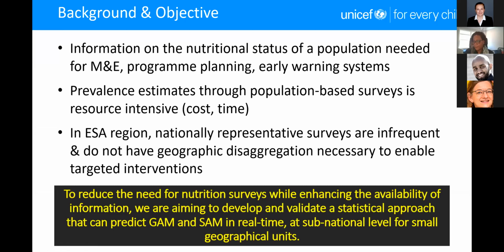But the surveys are resource intensive in terms of person time, including time spent away from program implementation, and in terms of money. As well as this, at national level, data is often outdated or lacking. And of course, at national level, it doesn't have the same level of geographical disaggregation that would be needed really to be able to identify hotspots and to target response to the places and people most in need.